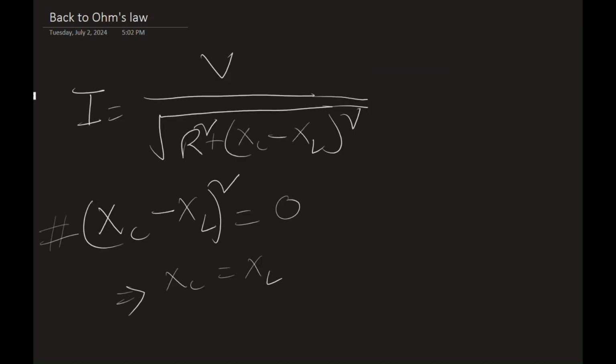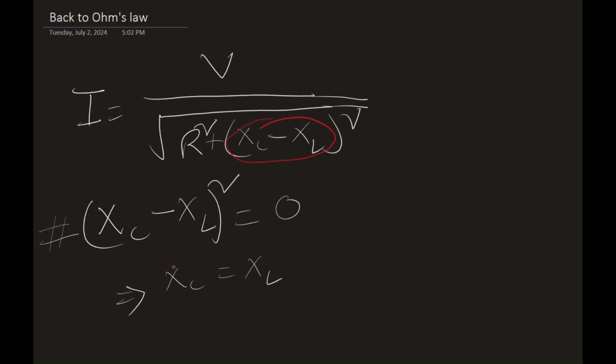Now let's go back to Ohm's law. So here we have I is equal to V over the root of R squared plus (XC minus XL) whole squared. This is the broken down version of Ohm's law for AC circuits. As we said before, R squared, we cannot change. But we can change (XC minus XL) whole squared. We want to bring this down to the minimum value. What do you think the lowest value of XC minus XL can be?